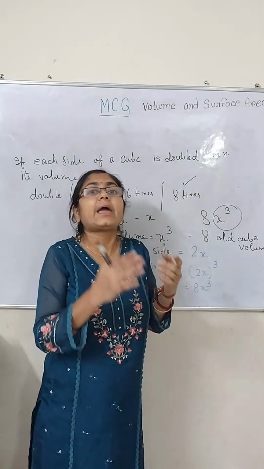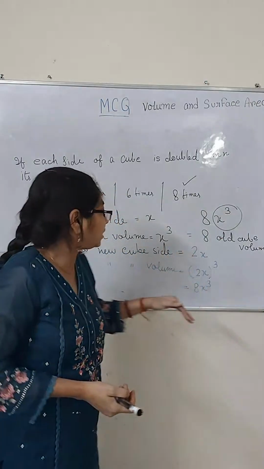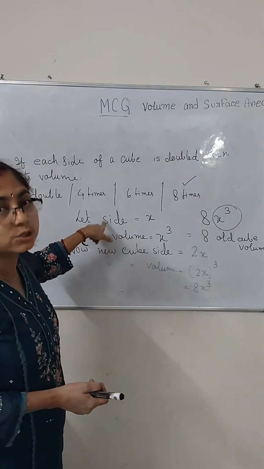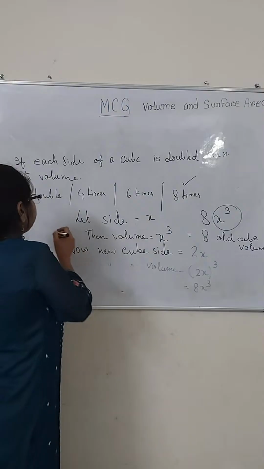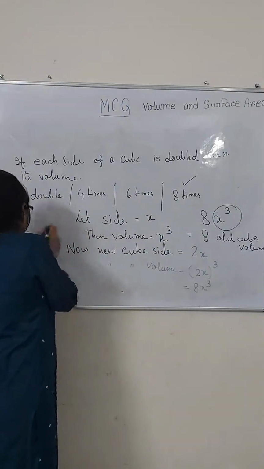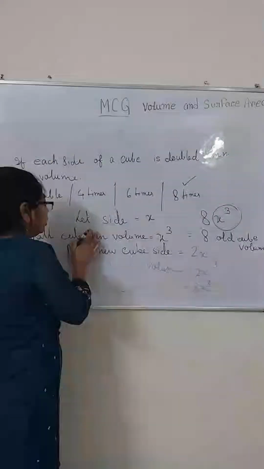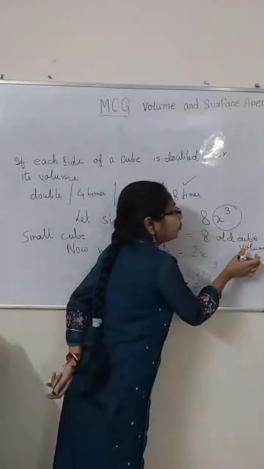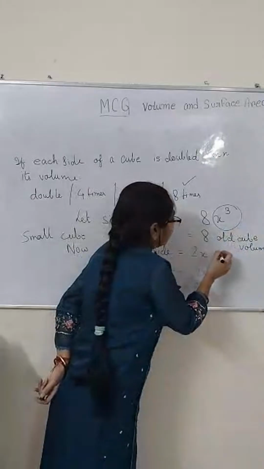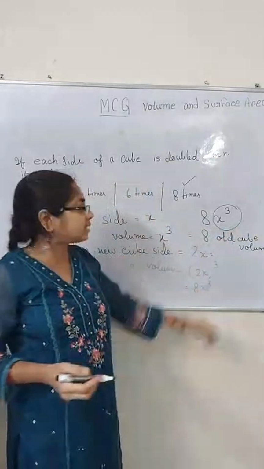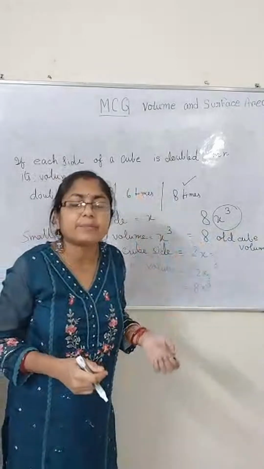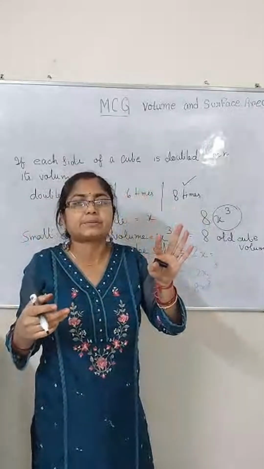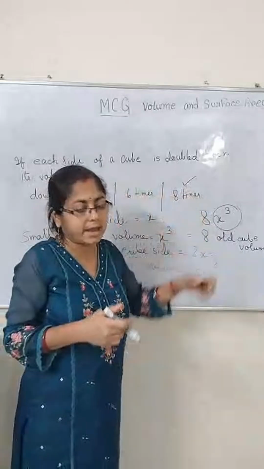The variable part is x cube, which is the small cube volume we took first. So I put x cube as the old cube or small cube volume. Now you can understand the number before it is 8. This means if the side becomes 2 times, the volume will be 8 times bigger. So our answer is 8 times.